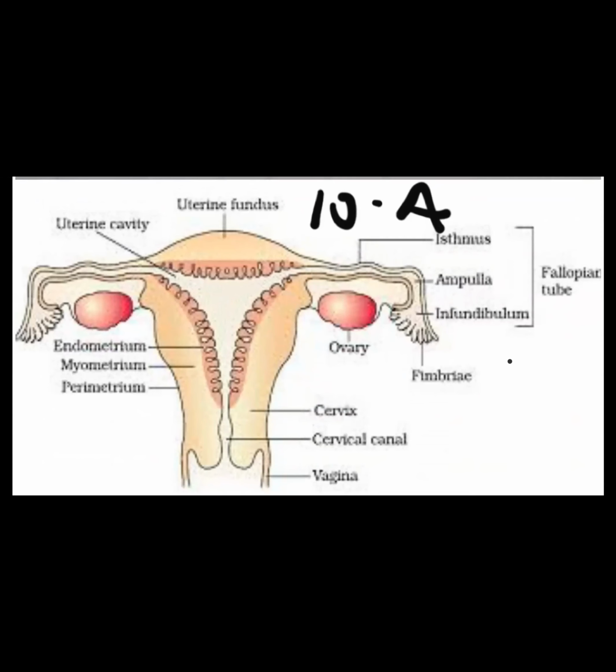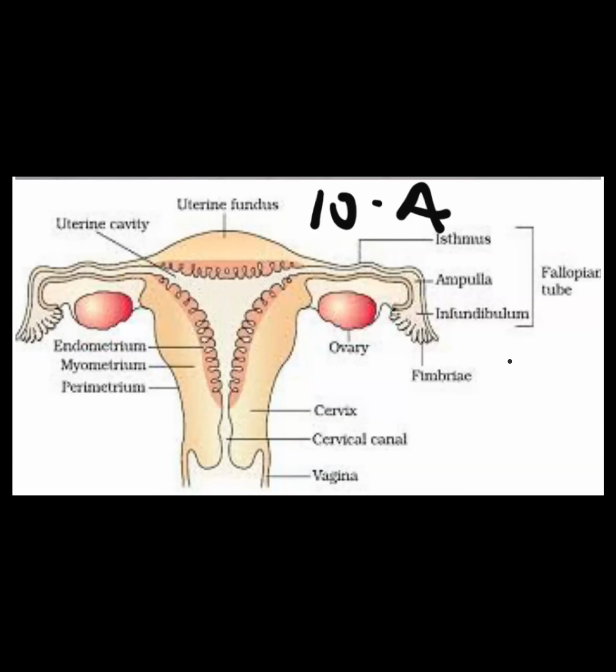We are talking about accessory ducts in a female reproductive system. First amongst them, oviducts. Which are the other two names of the oviducts? Yes, fallopian tubes, correct, and uterine tubes is another name. How much is their length? 10 to 12 centimeter, that's correct.